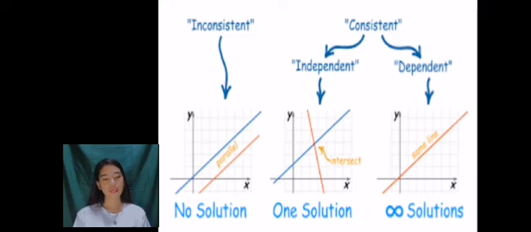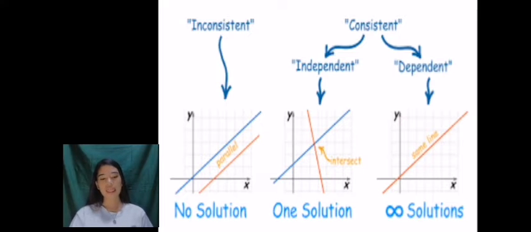Then for independent, if we graph the two linear equations, the result will be that they intersect, so it has one solution. The last type of graph of the linear equation is the consistent under the dependent.